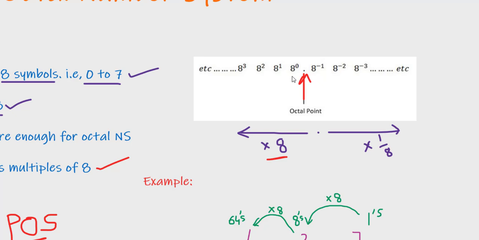Next 64's place. Next, and so on it goes. If you go from the octal point to the left, every position increases by 8 times. And if you go to the right side from the octal point, every position is 1 by 8 times of its present position.